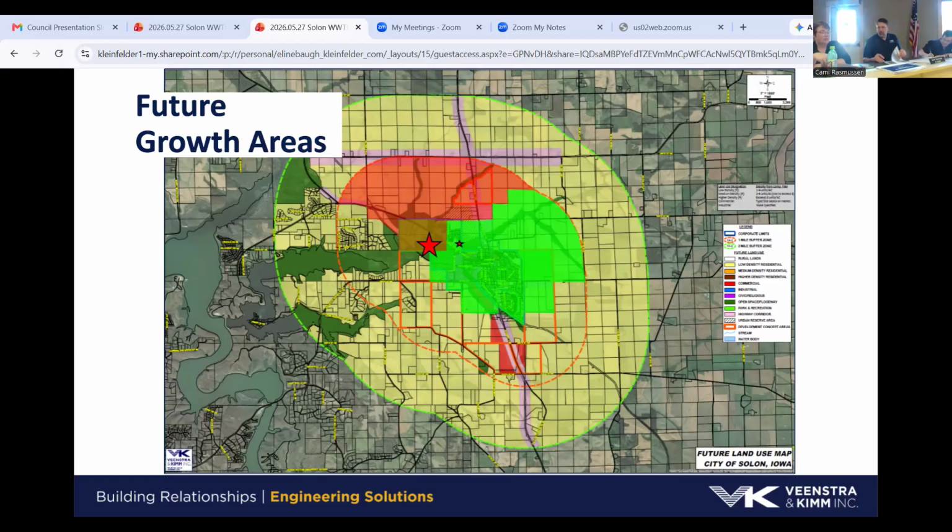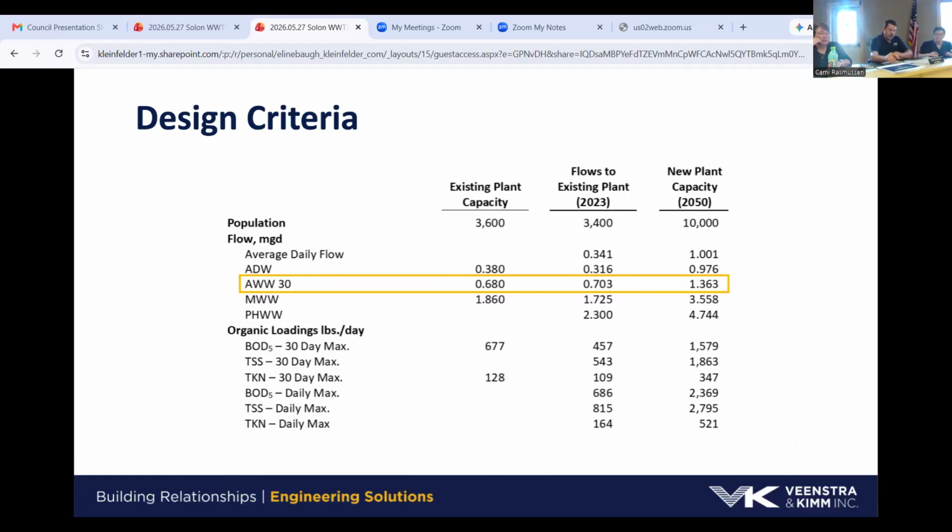So I was just going to say, if you flip to the next slide, the design criteria, one thing we wanted to go through is that DNR, when you do an upgrade, requires you to project out 20 years. So we looked at the existing plant capacity and compared that to the existing flows that you were actually receiving.